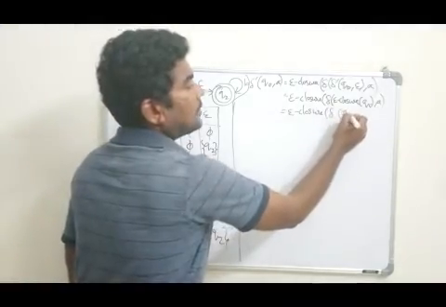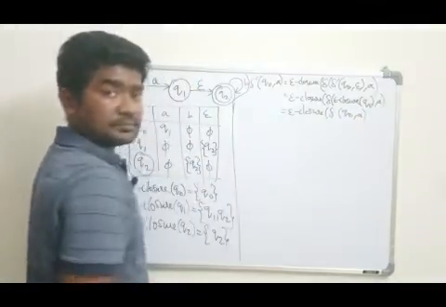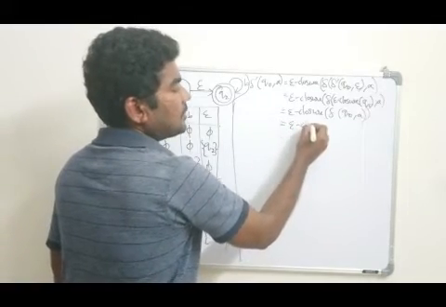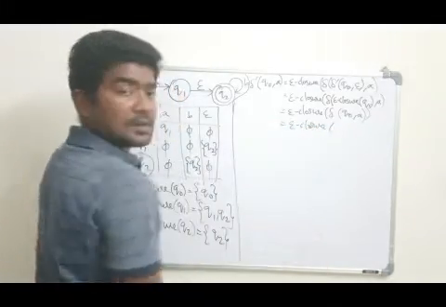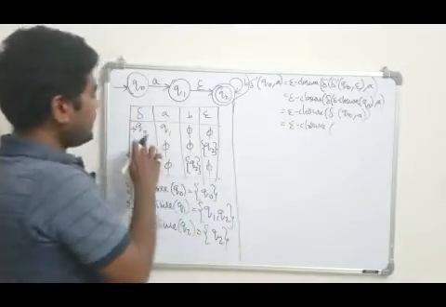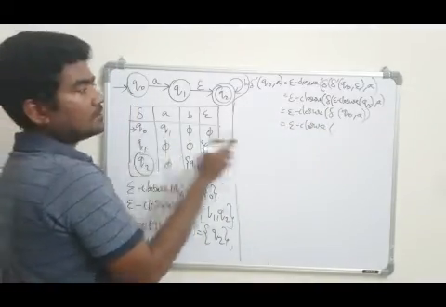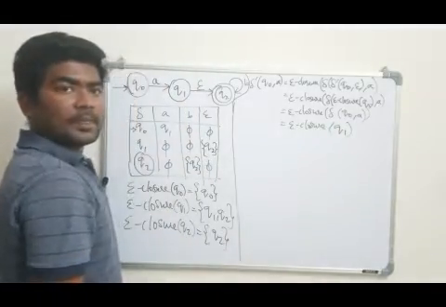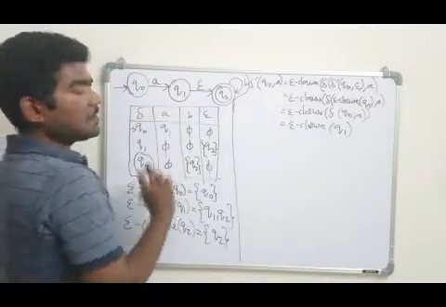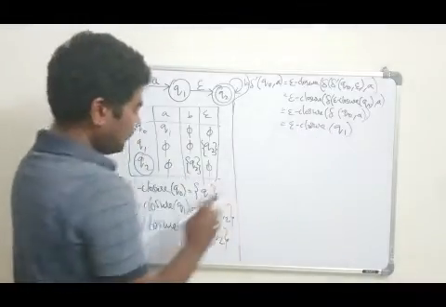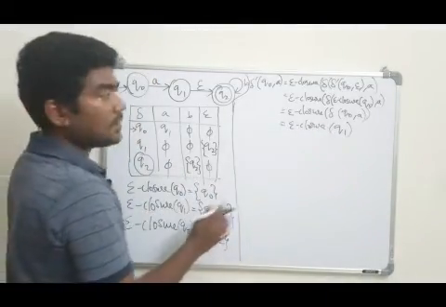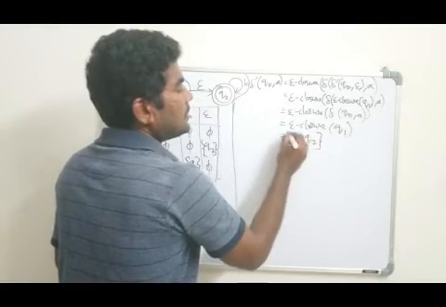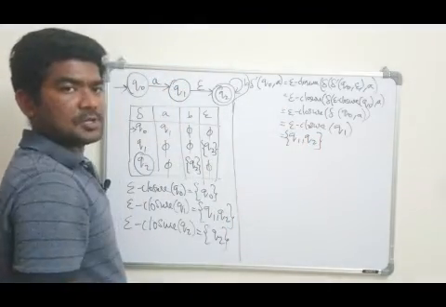So q naught comma A. Now what is this q naught comma A? You just check, it is q1. Now epsilon closure of q1 is q1 comma q2. So q1 comma q2 is the answer for this transition.